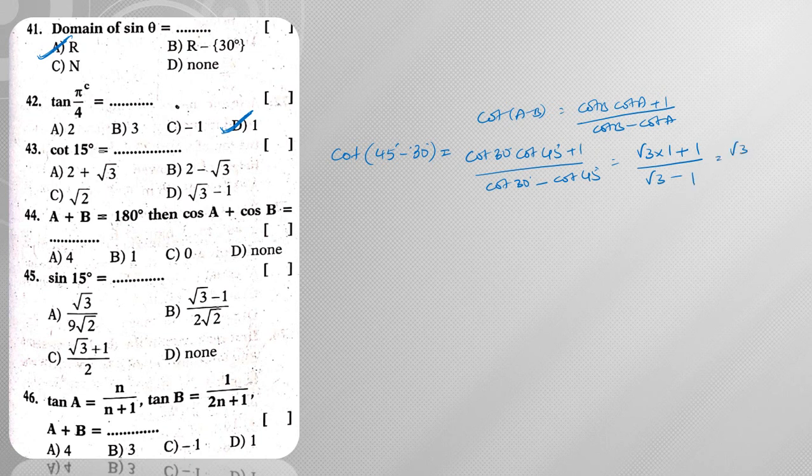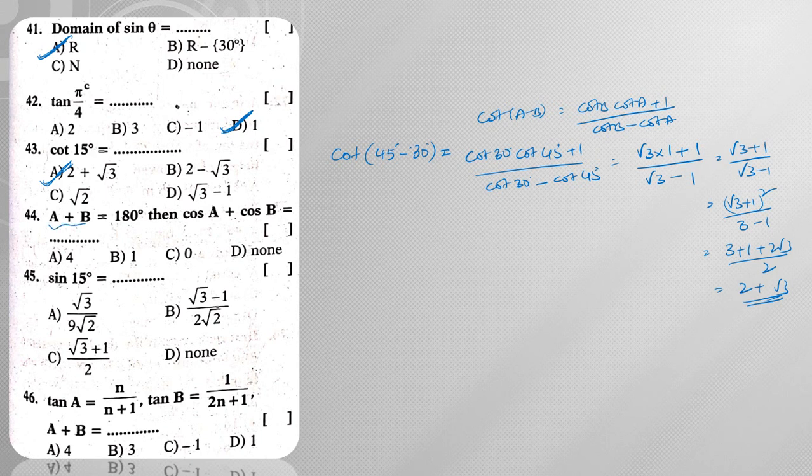So this is nothing but root 3 plus 1 by root 3 minus 1. When you rationalize this, you are going to get the numerator as root 3 plus 1 whole square by 3 minus 1. So root 3 whole square is 3 plus 1 plus 2 root 3 by 2, which can be written as 2 plus root 3. Hence the value is 2 plus root 3. So likewise we can find out the value of cot 15.